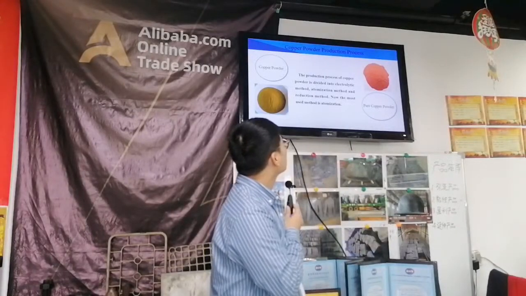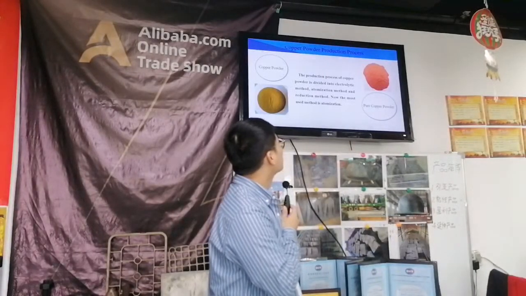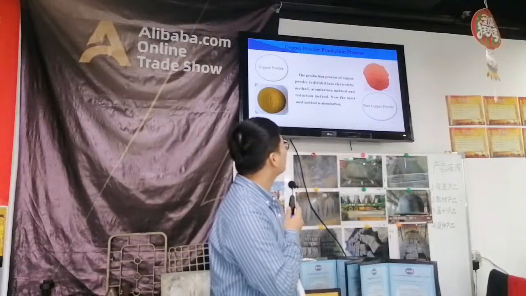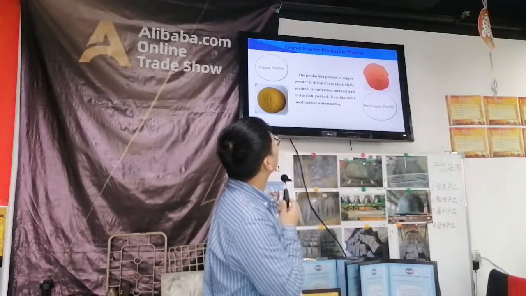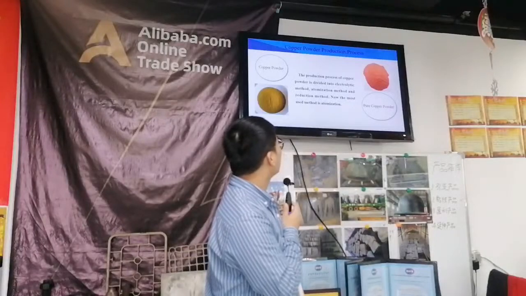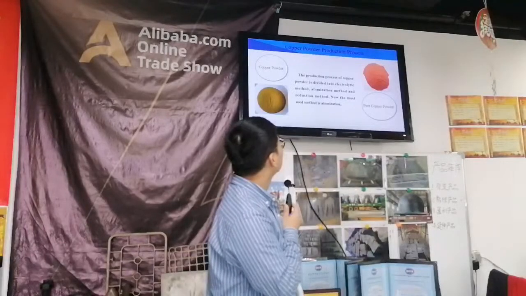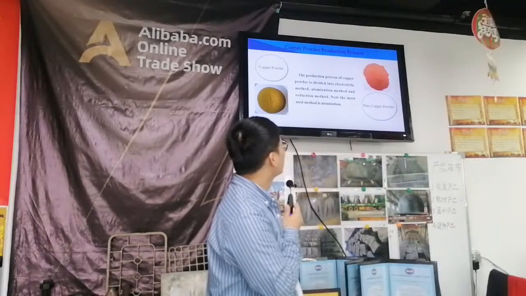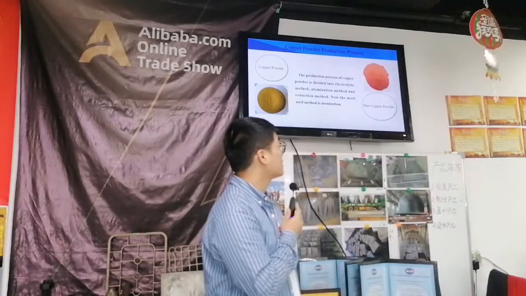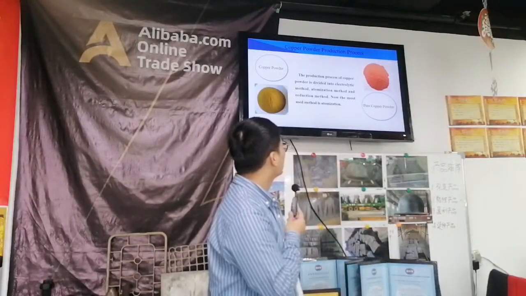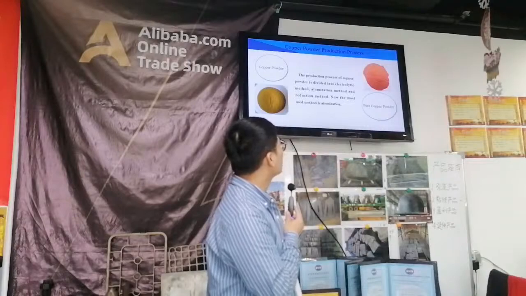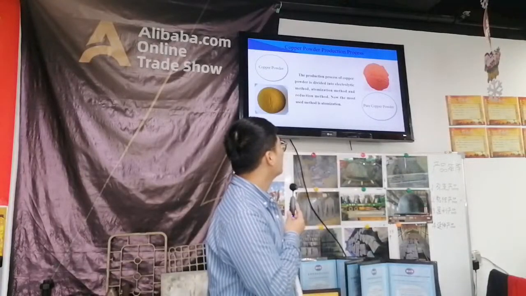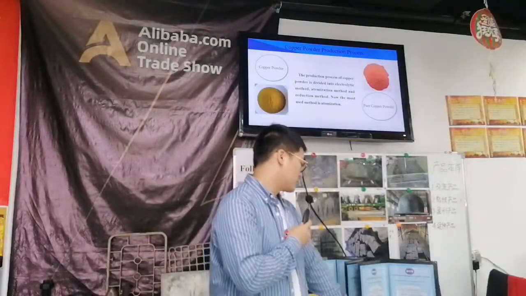The production process of copper powders is divided into the electrolytic method, the atomization method and the reduction method. Now the most used method is atomization.